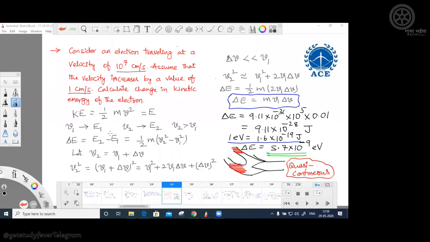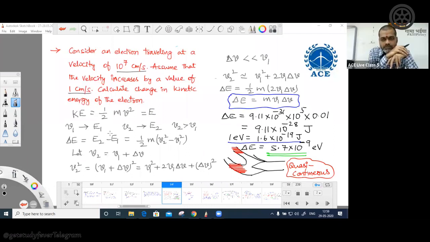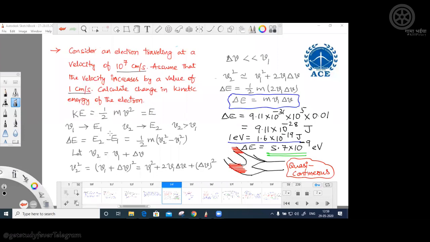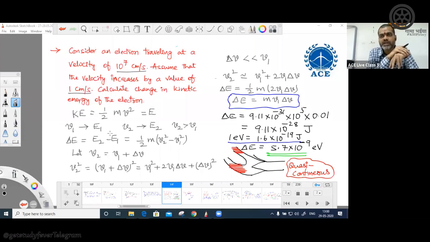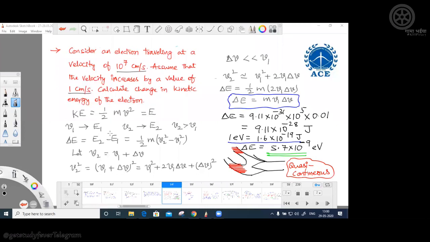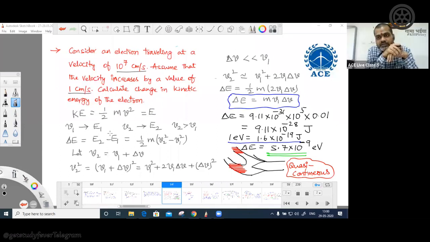But energy gap is 1.1 electron volt for silicon. Room temperature we are getting kT as 26 milli electron volt, no, sir. That is for what? kT equal to 26 milli electron volts for how many particles? Okay, sir, now you got it.